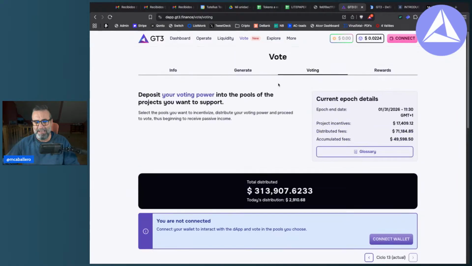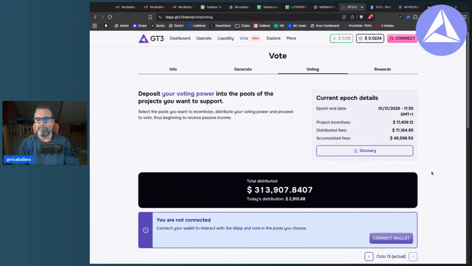Here you can see, for example, I have clicked on vote, and in voting you can see that we have epochs each month. One month is equal to one epoch. This epoch will finish on the 31st, the last day of the month.